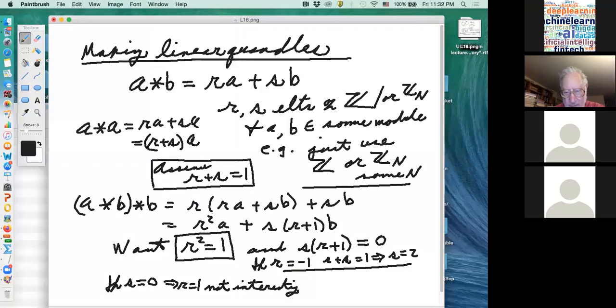That would just be A times B is equal to A. But this one's interesting, and this says that A times B is going to be equal to minus A plus 2B. And that will give us a rule which satisfies the first two quandle rules. And in fact, it satisfies the third as well. And I think we talked about this the last time.